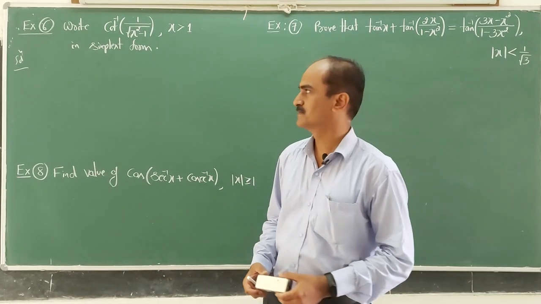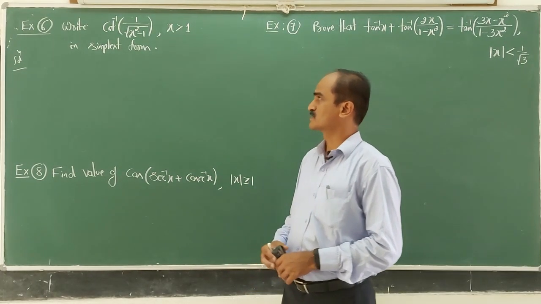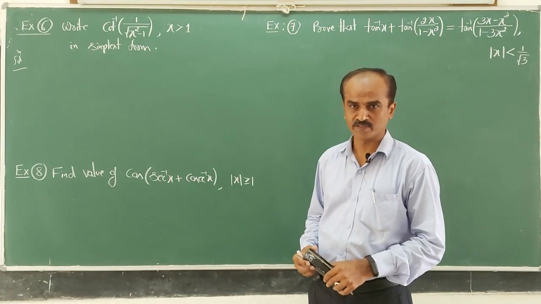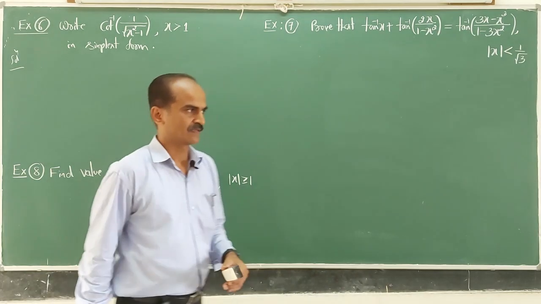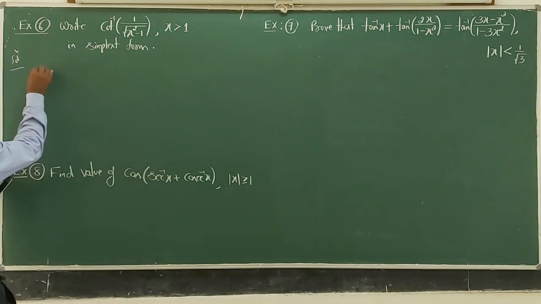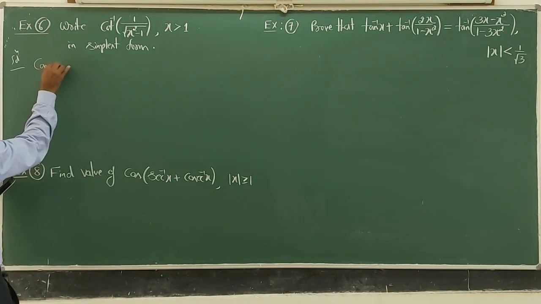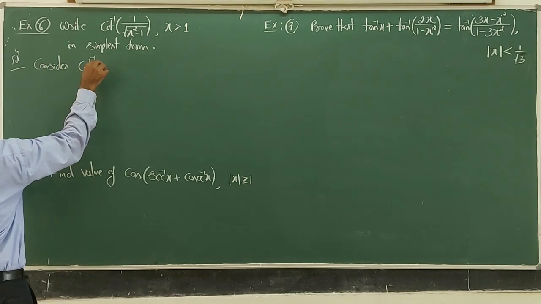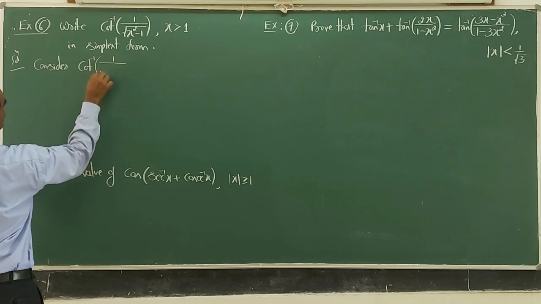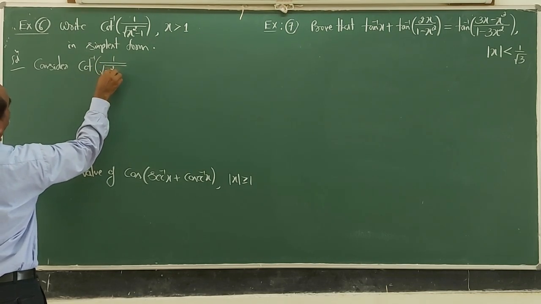Example 6. Write cot inverse of 1 divided by root x square minus 1 in the simplest form. Now, let me consider cot inverse of 1 by root x square minus 1.